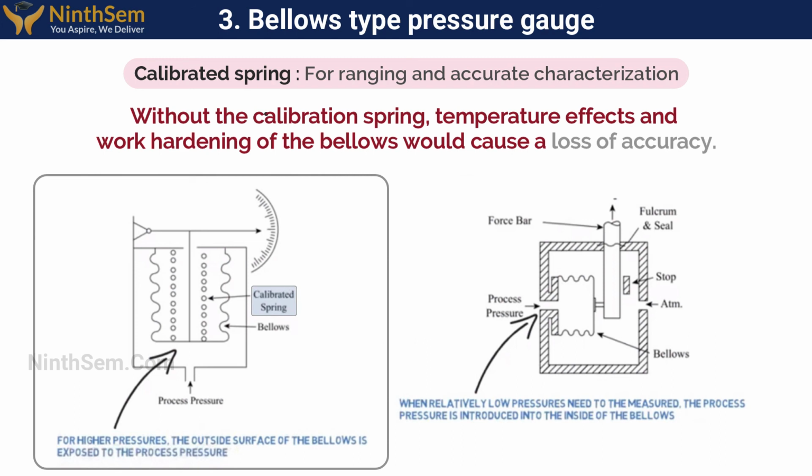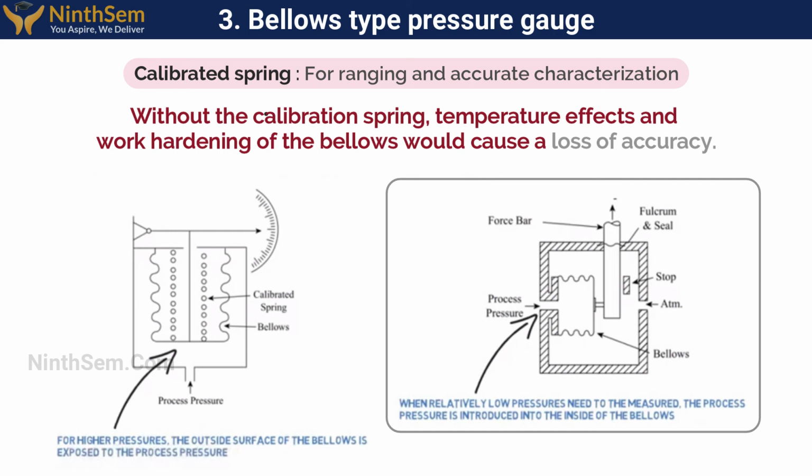When high pressure is applied, the outside surface of the bellows is exposed to the pressure to be measured. But in the second part of the figure, on the right side, when relatively low pressure needs to be measured, the process pressure is introduced inside the bellows.